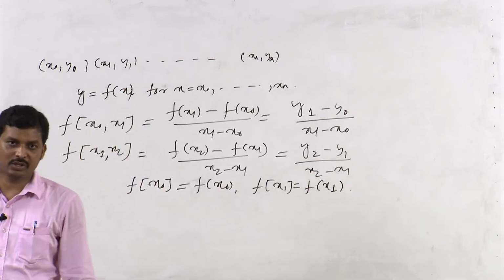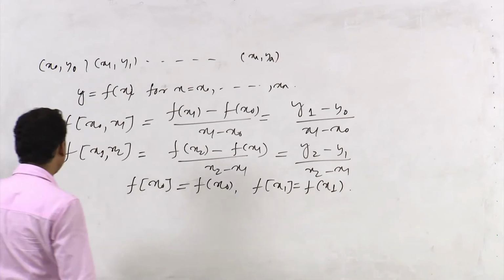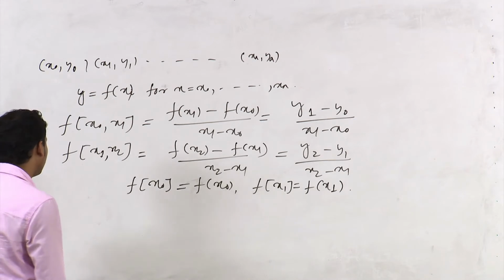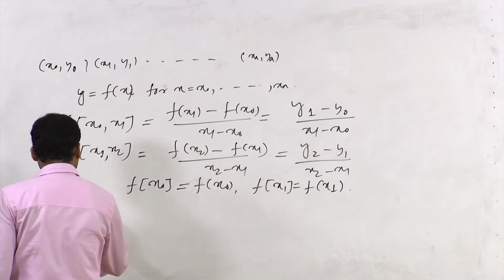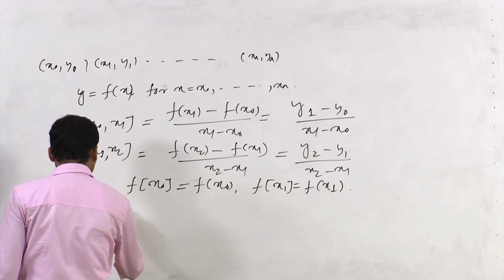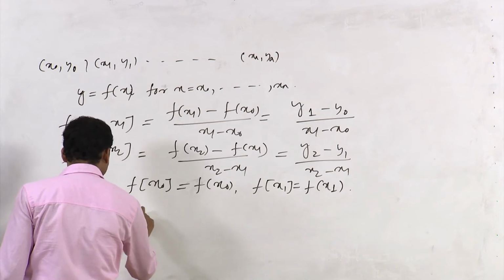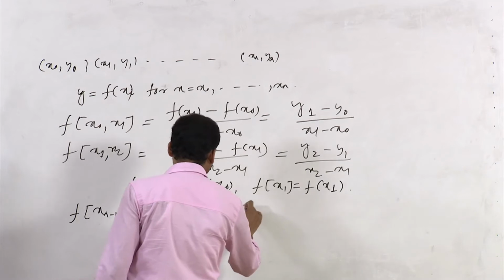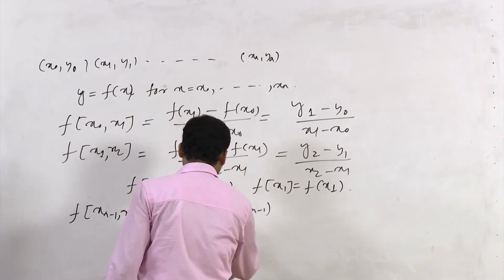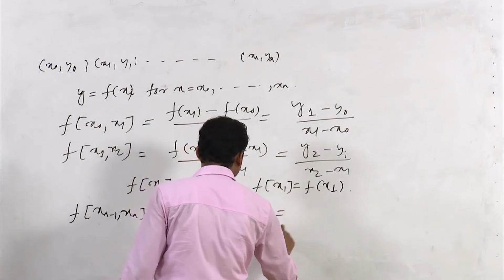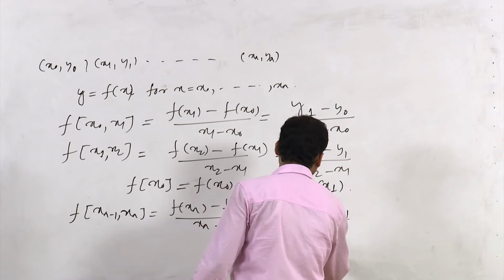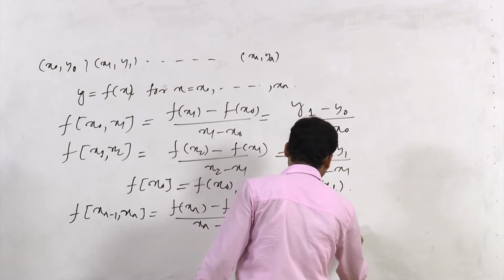And if we go up to the last interval, xn minus 1 to xn, we can write this divided difference as f of xn minus f of xn minus 1 divided by xn minus xn minus 1, which can also be written as yn minus yn minus 1 divided by xn minus xn minus 1.